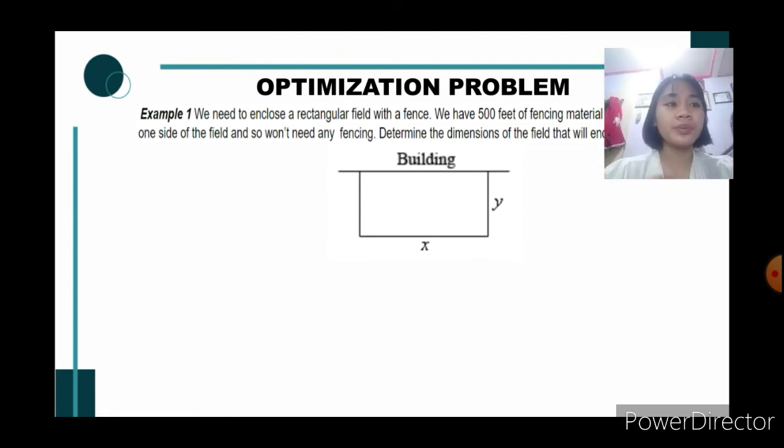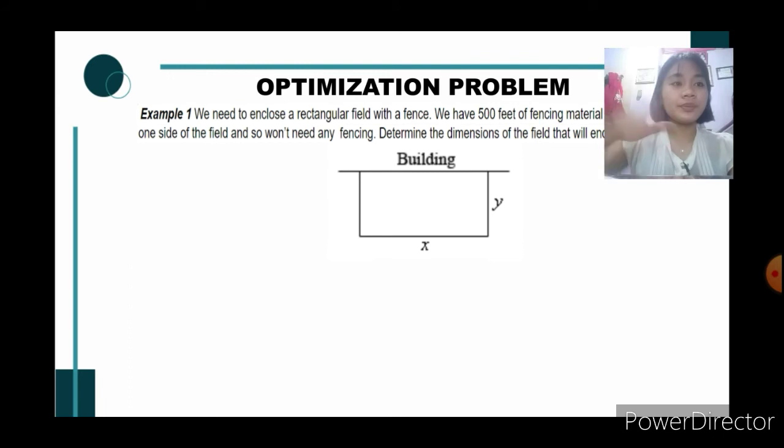So, in this problem, we want to maximize the area of the field. We know that we use 500 feet of fencing material. So, the area will be the function we are trying to optimize, and the amount of fencing is the constraint.